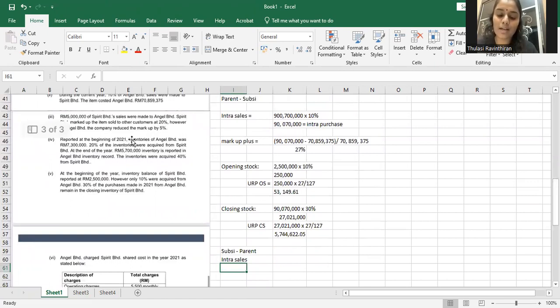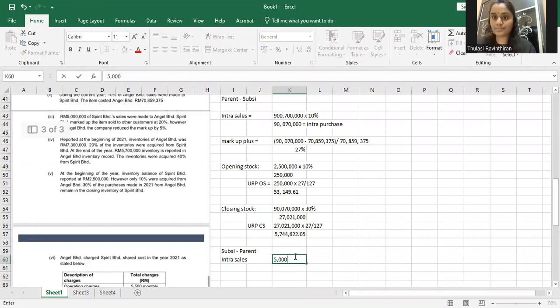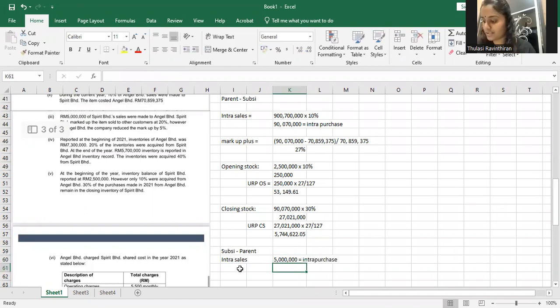However, to Angel Berhad, the company reduced the markup by 5%. There is a given intra sale directly, which is 5 million. And the markup will be 15%, which comes from 20% minus 5%.